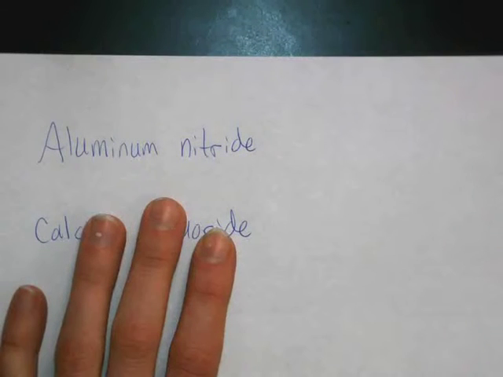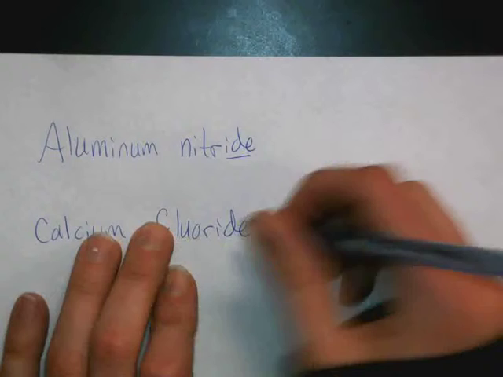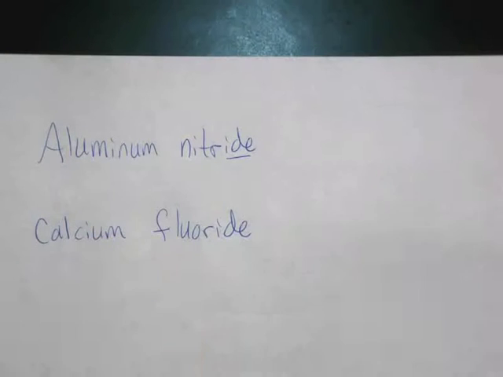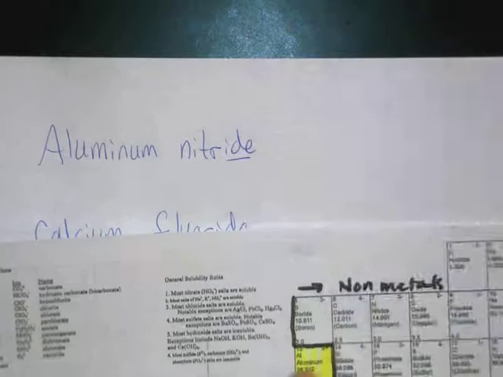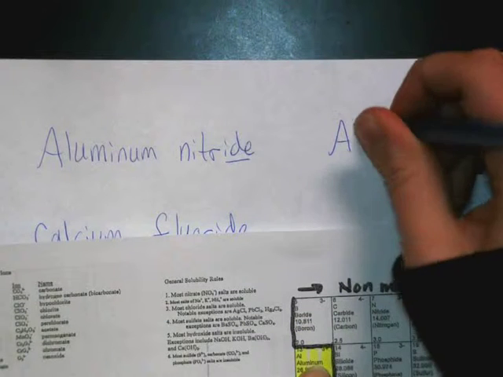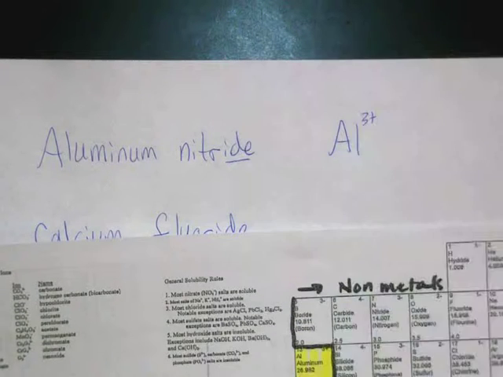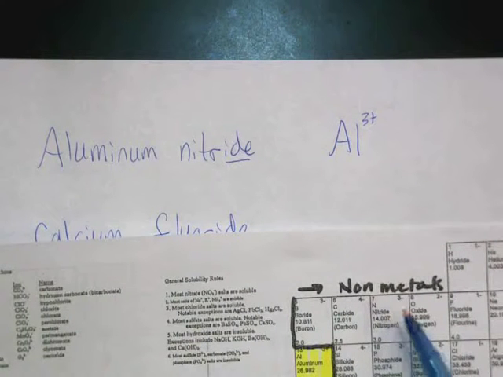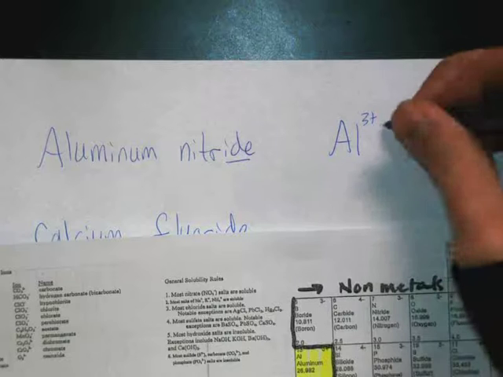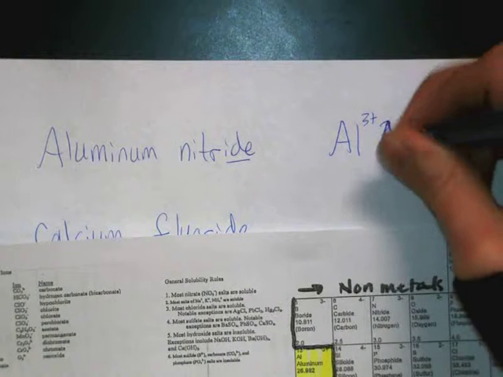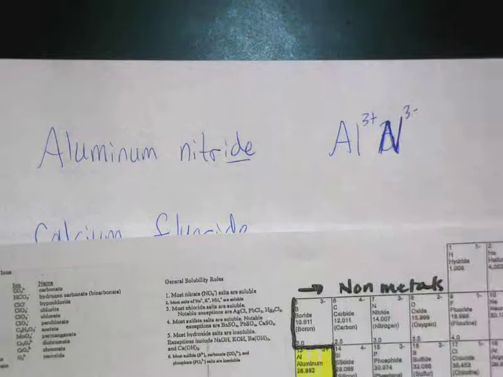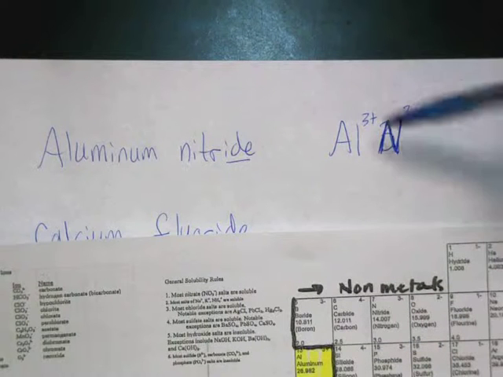Aluminum nitride, because we have that IDE ending, it's coming off the periodic table. Aluminum is a 3+ charge. So Al with a 3 plus. Nitride is referring to nitrogen, which is a 3 minus charge.